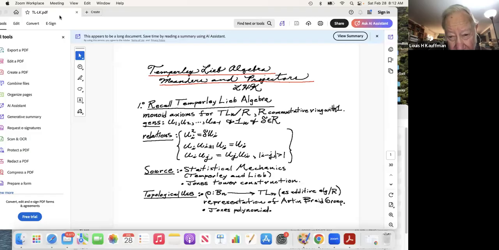What I'm going to be talking about is combinatorial and diagrammatic visualizations of this algebra. And I will just talk a little bit more about the background here.